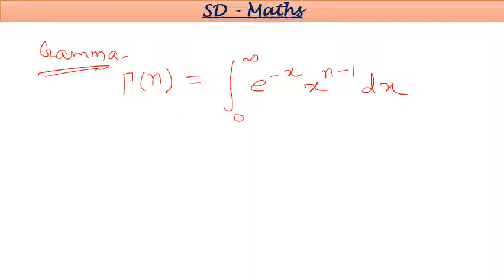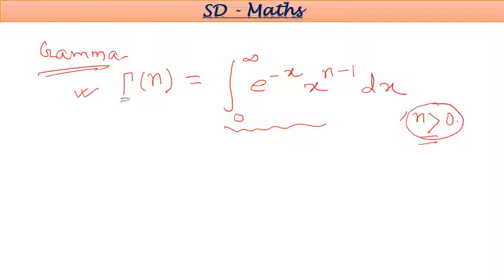So gamma n equals the integral from 0 to infinity of e to the power minus x, x to the power n minus 1, dx. This integral will converge when n is greater than 0. That means this improper integral will have a unique value if n is greater than 0. So this is the definition of the gamma integral. And the next one is the beta integral.